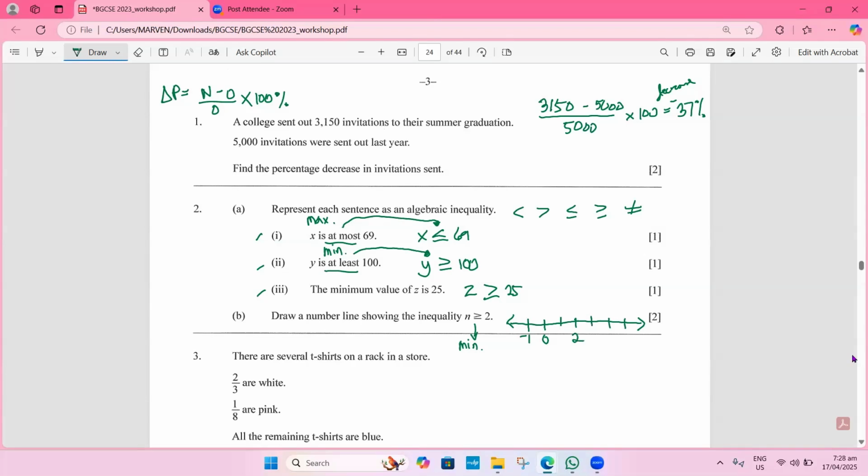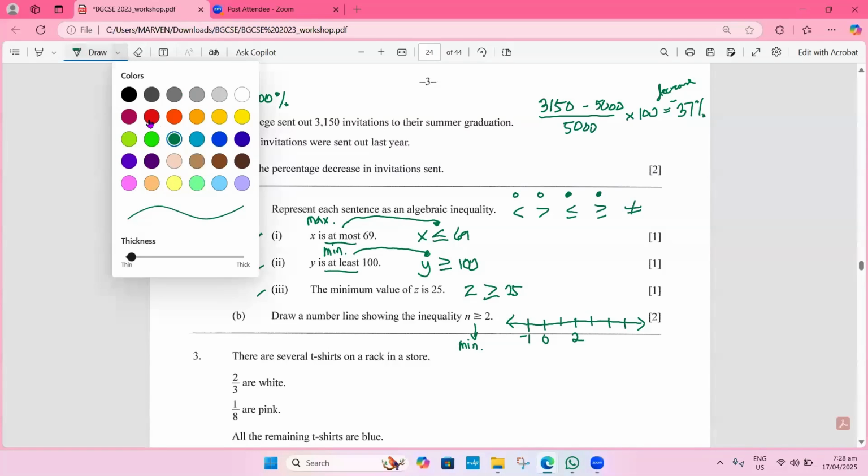Okay? You have here the positive 2. And then remember in plotting, we use two different points. We have the hollow point or the open circle that is used for these two inequalities, less than and greater than. And then another type is the solid circle. We use the solid circle if the inequality is less than or equal, greater than or equal.